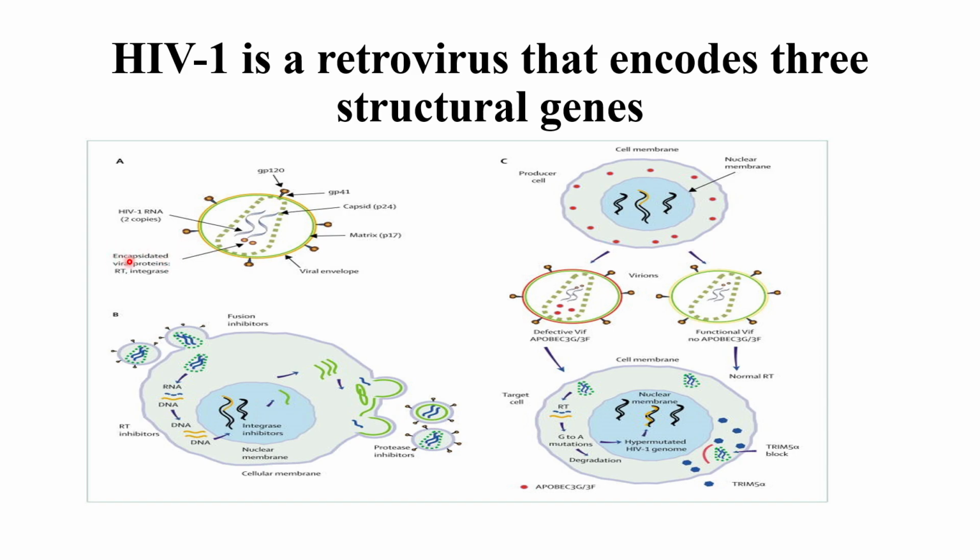Three structural genes are encapsulated viral proteins, shown in the brown color balls, and another one is reverse transcriptase that is essential to convert this RNA into DNA so that it can be integrated into the host genome, and another one is integrase that helps the translated protein that is formed within the cell to form a functional structure. So these are the important three structural genes that are present within the genetic material of HIV.